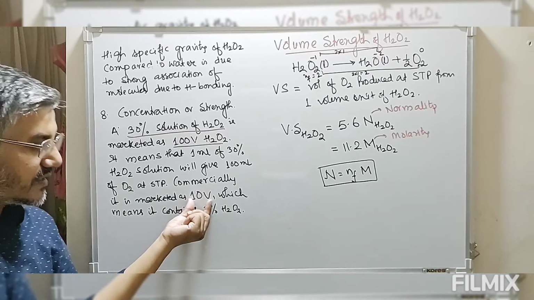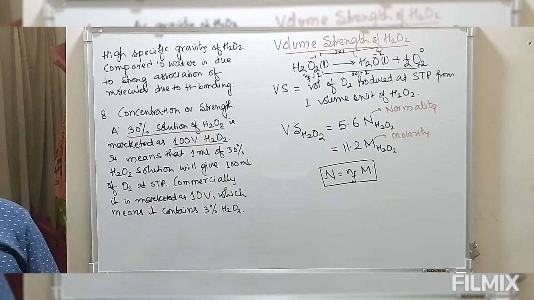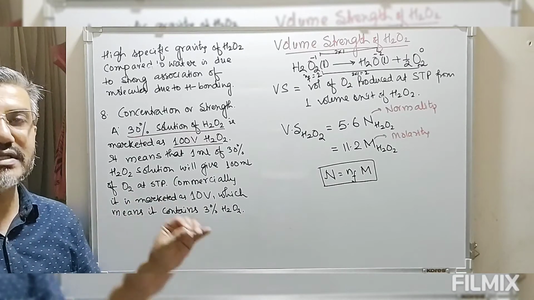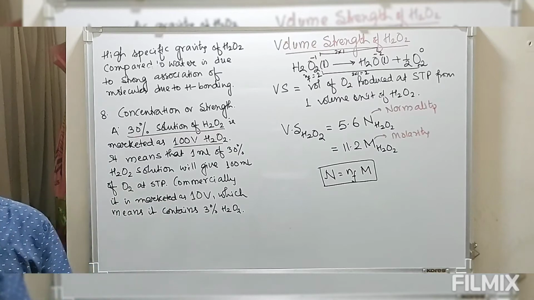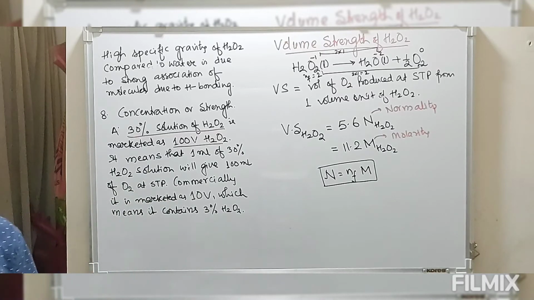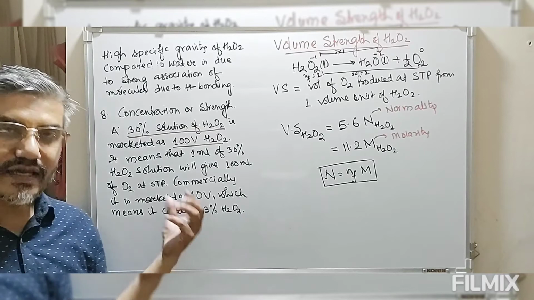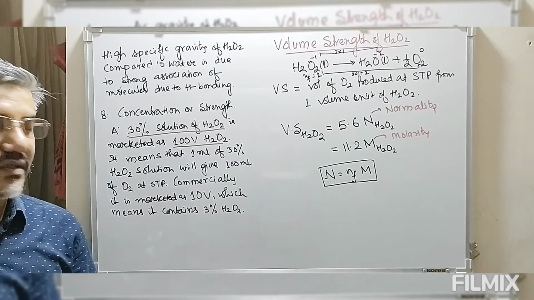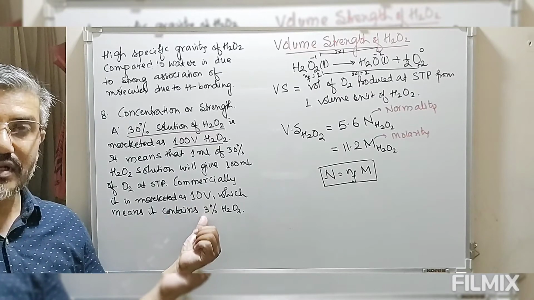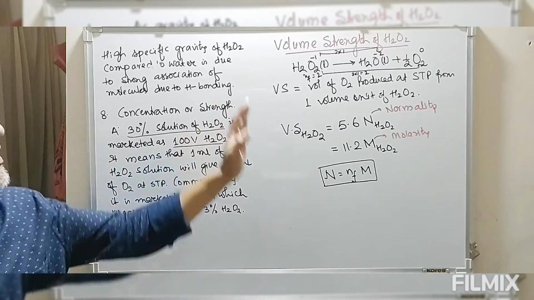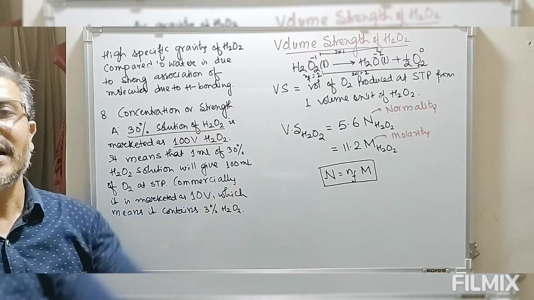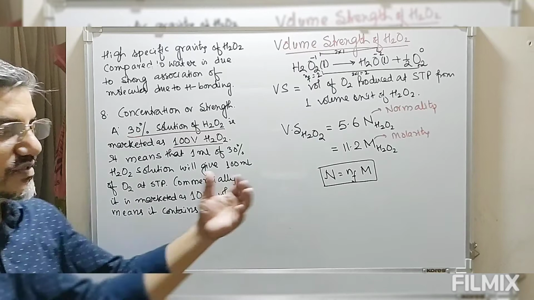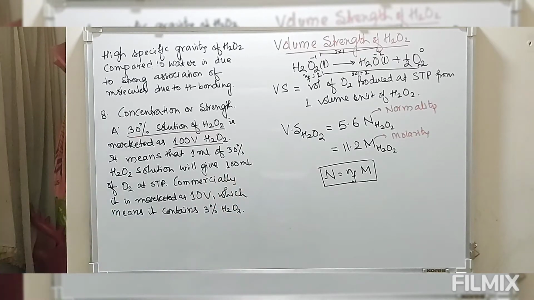If I say 10 volume, that means 10 ml of oxygen gas will be produced at STP from 1 ml of hydrogen peroxide, or 10 liters of oxygen gas from 1 liter of this hydrogen peroxide sample at STP. That is what we call the volume strength, which is nothing but the concentration of a sample of hydrogen peroxide available in the market.